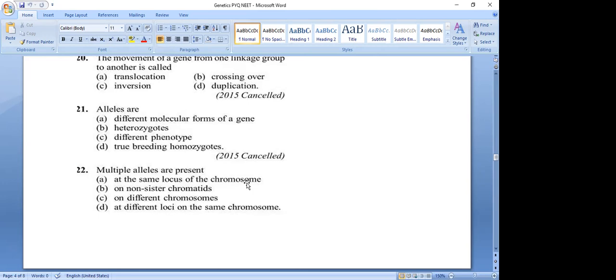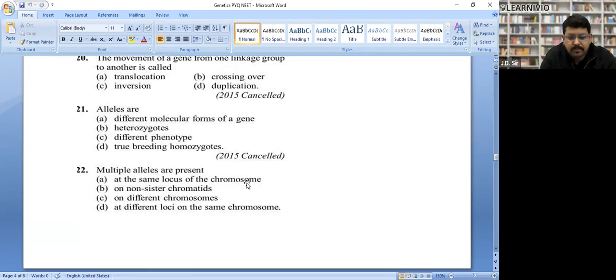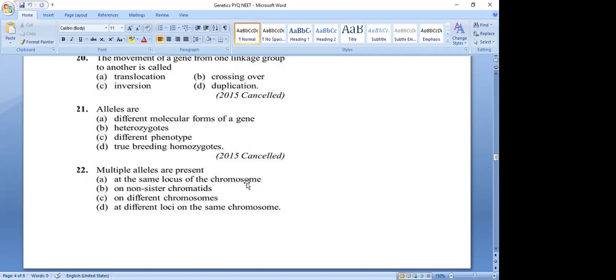Different forms of a single gene are alleles. The gene is I, right? Immunoglobulin gene, and the forms are IA, IO, IB. So they are different molecular forms of the single I gene, right? Yes. So A will be the answer, right?